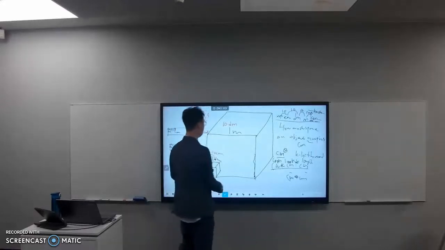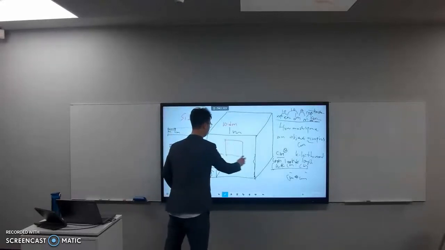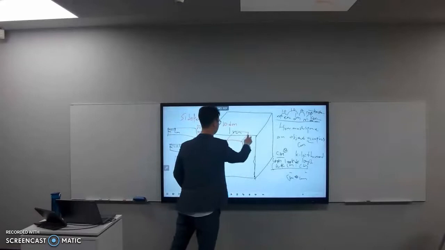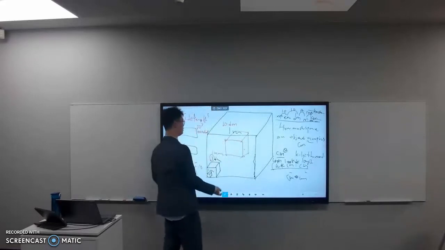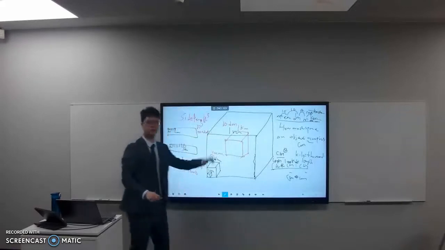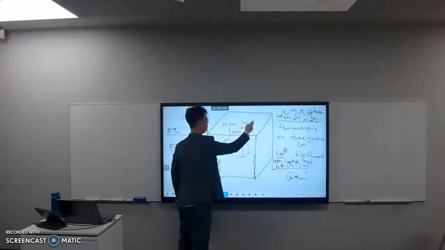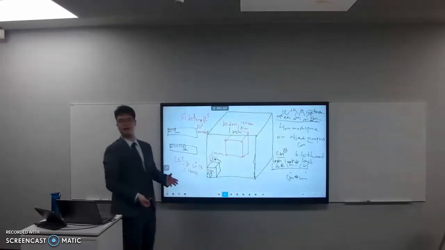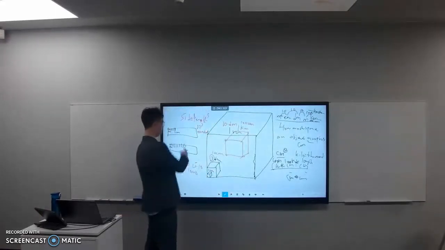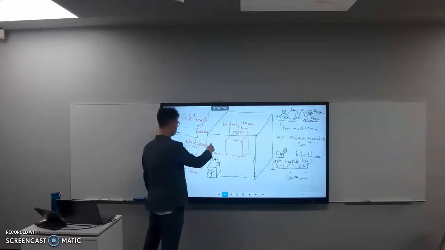So what about kilometer? Let's say this is 1 km. How many meters are there in 1 kilometer? 1,000 meters. And then what's the difference? 1,000 to the power of 3 is 1 with 9 zeros.